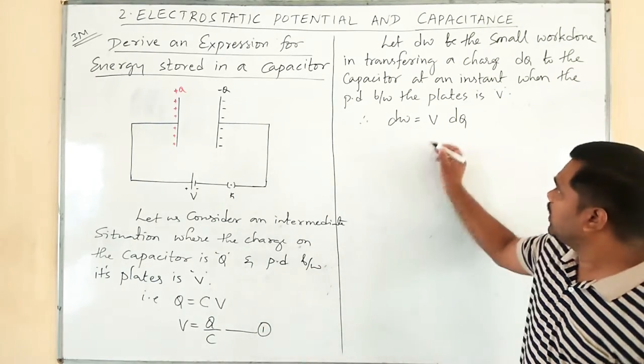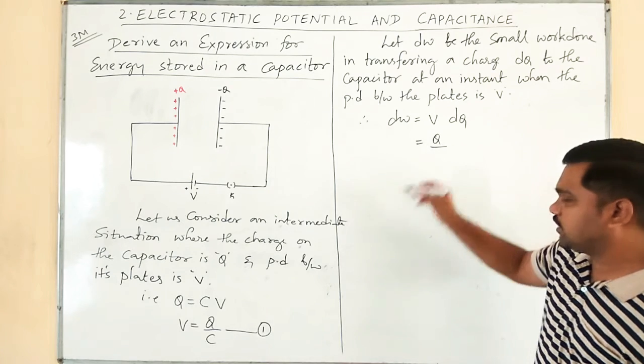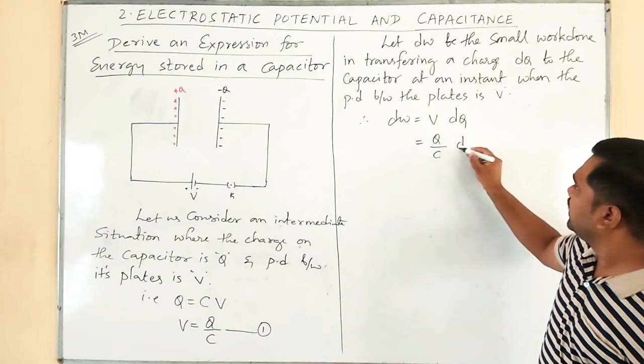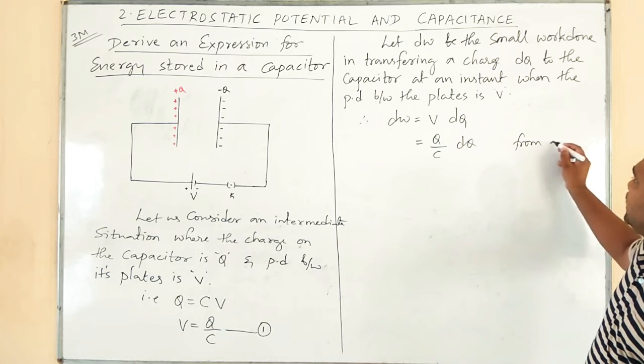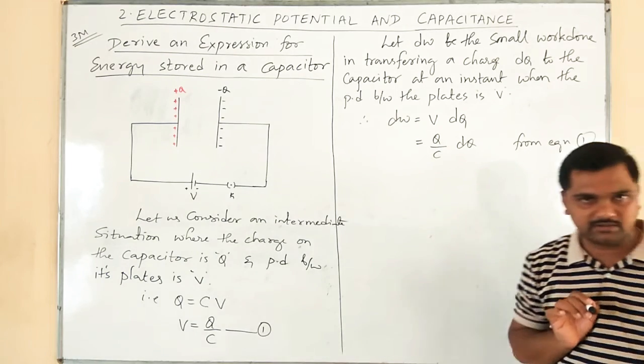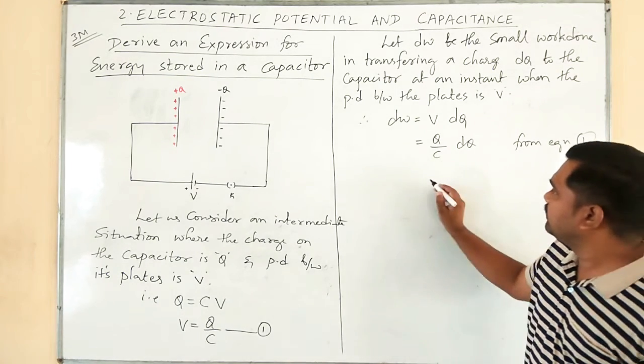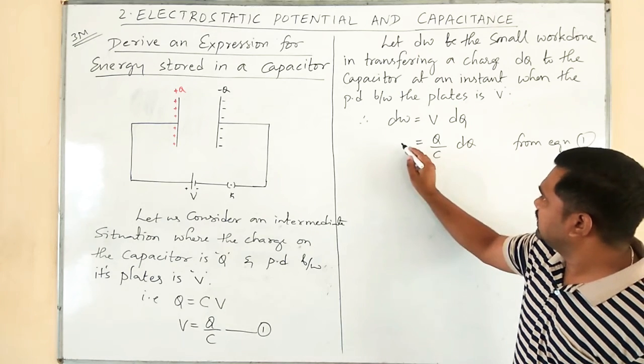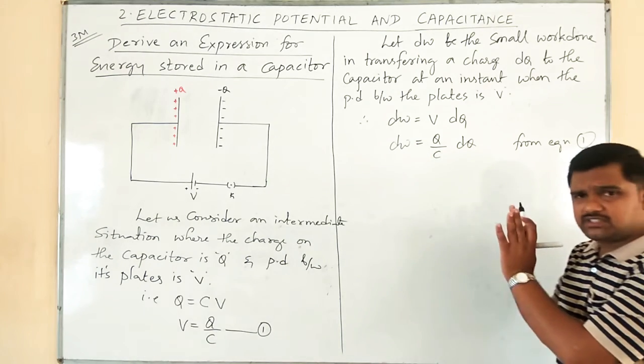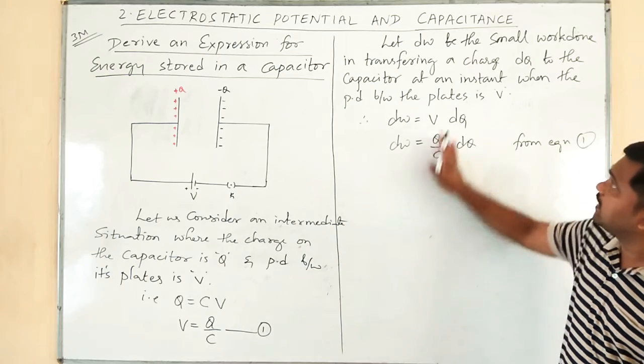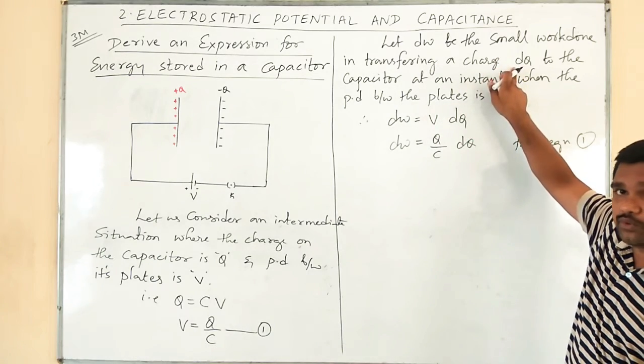From equation 1, we can write it as Q over C into dq. Next, I will take this C outside. This is the small amount of work done in transferring a small charge dq.